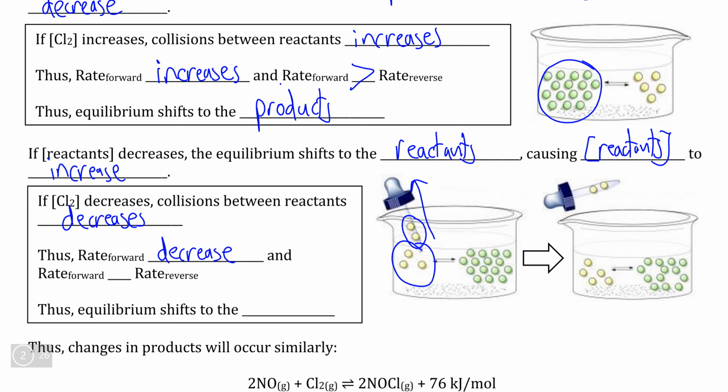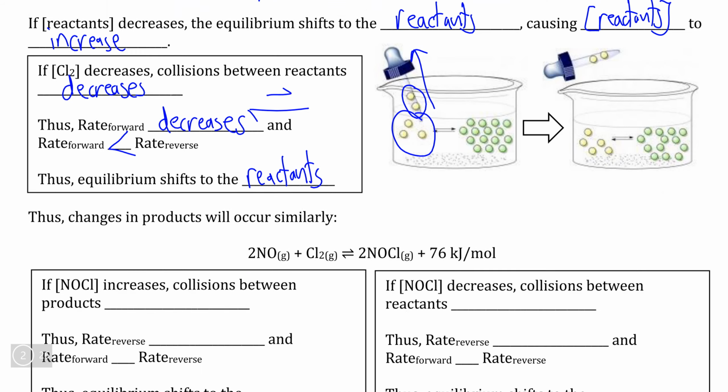And because we're in a situation where the forward reaction rate is slower than the reverse reaction rate, now we have the opposite situation where our products are going to have more collisions than our reactants are, resulting in more reactants being formed. And this is a situation that we call an equilibrium shift in favor of the reactants.